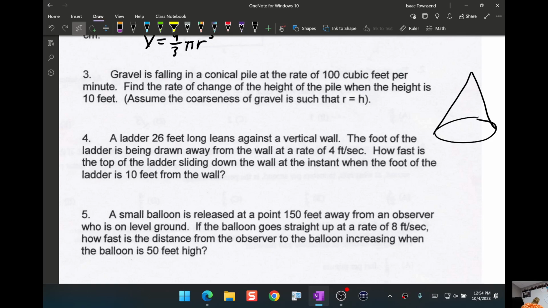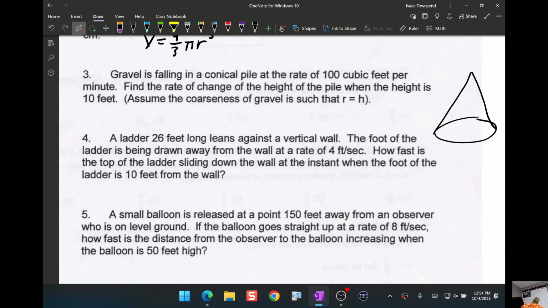Okay. You could take the derivative of that, which would be power rule, and then r prime. What's wrong with that though? That's the rate of volume change, right? It is, but what are you trying to find in this question?